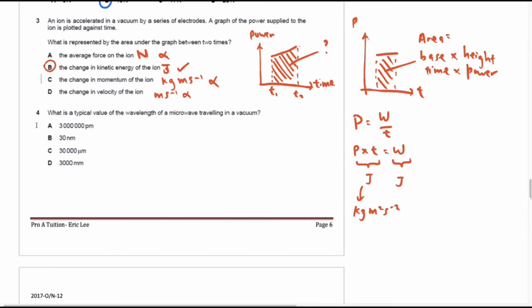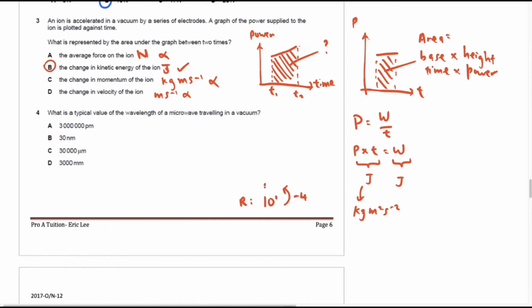So let's see number 4. What is a typical value of the wavelength of a microwave? Maybe you feel like, oh, microwave, cannot remember. Then you remember it in this way. 10 to the power of 1 is radio wave. Then you minus 4.